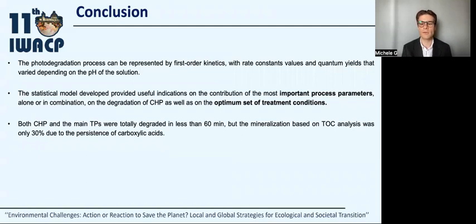The statistical model that was developed provided useful indications on the contribution of the most important process parameters, alone or in combination, on the degradation of chloramphenicol, as well as on the optimum set of treatment conditions needed. Additionally, both chloramphenicol and the main products were totally degraded in less than 60 minutes, but the mineralization based on the total organic carbon analysis was only 30% due to the persistence of carboxylic acids.